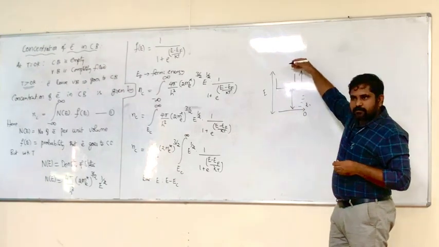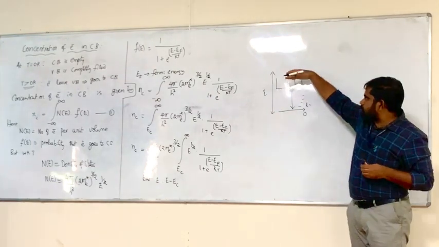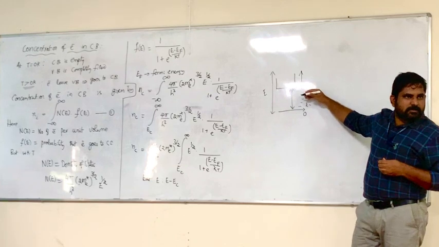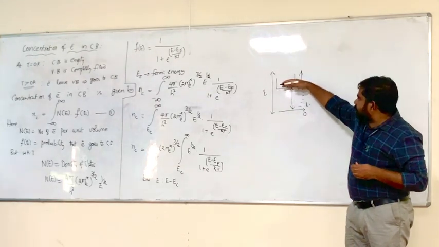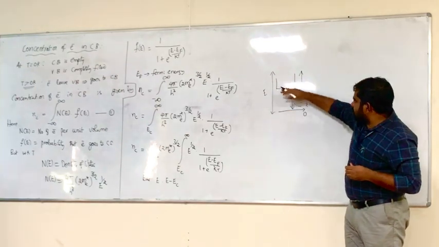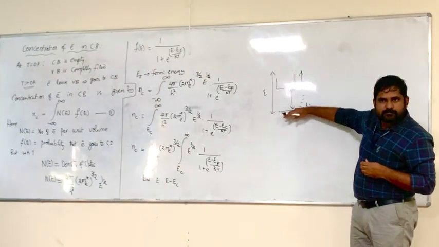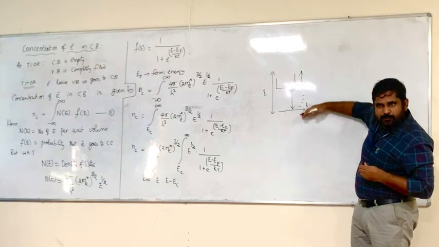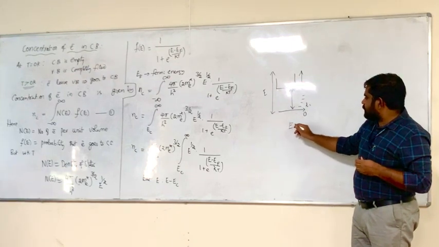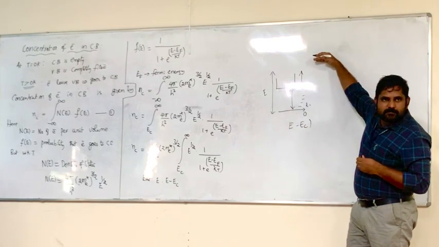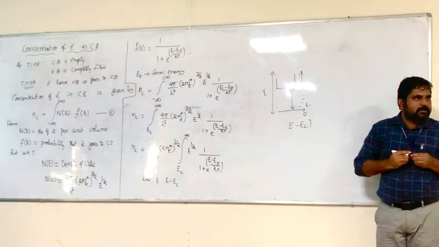What happens after EC? This is the lower limit, the starting point, and we need what comes after this. So you subtract total E minus this point. What is the value of this point? EC. You don't want up to there. So you take out E minus EC, and you get what you need.